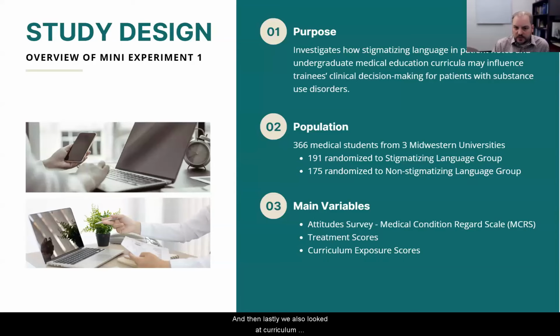And then lastly, we also looked at curriculum exposure scores, which was a measure of the amount of exposure that students had related to substance use disorder curricula across their training as medical students.